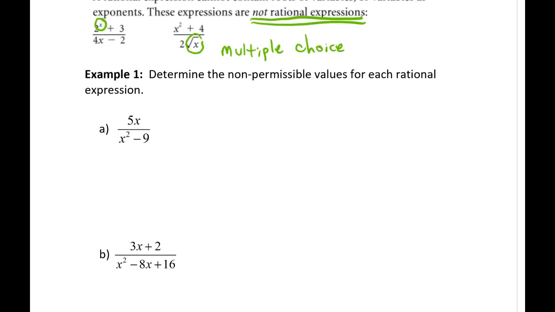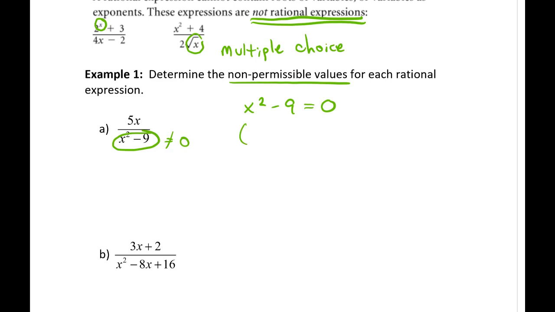Okay, so here are a couple of rational expressions. Let's take a look at them and try to decide what are the NPVs of these expressions. Okay, and sometimes you can just look at them and visually you'll be able to see it. My suggestion though is let's do this with some algebra. So we know that this can't be 0. Okay, so I'm thinking x squared minus 9 can't be 0, so let's find out when it is 0.